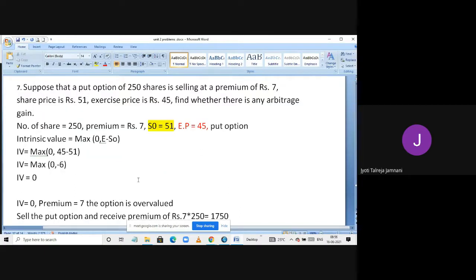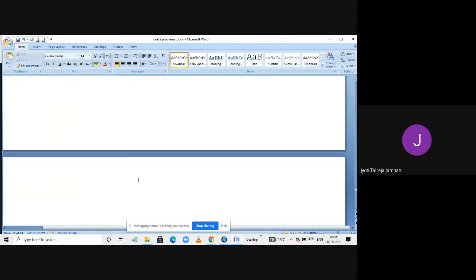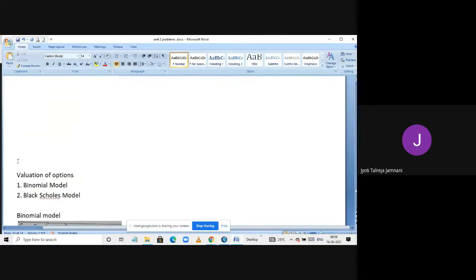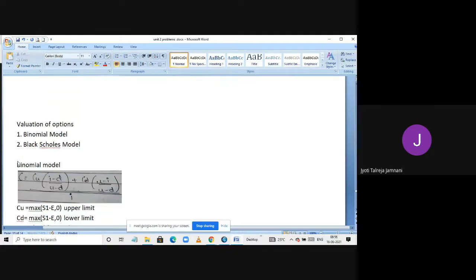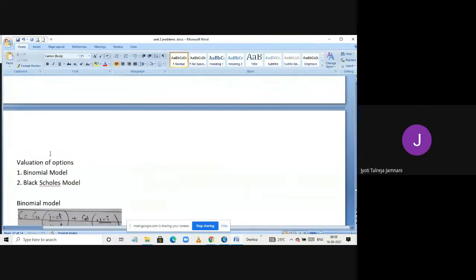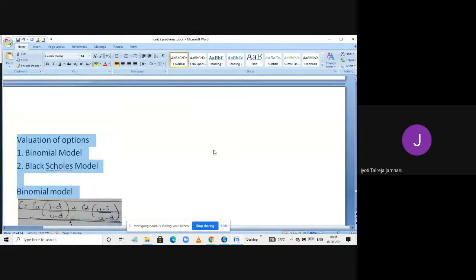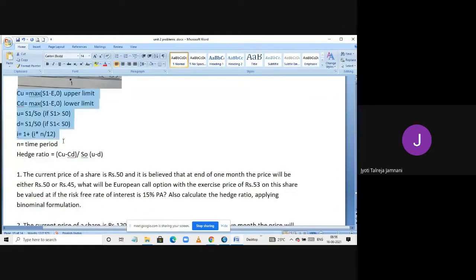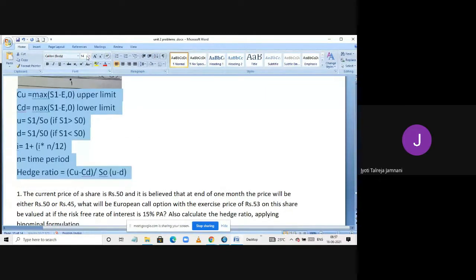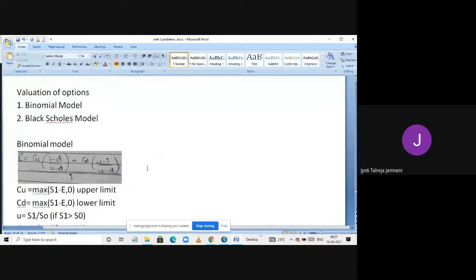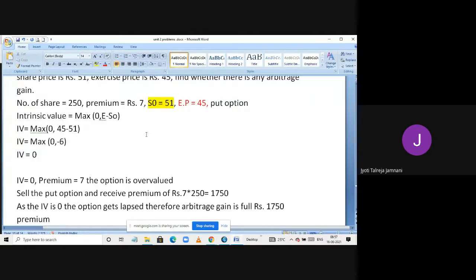Now let's go to the next part of the chapter, that is valuation of option. Okay, now what do we mean by valuation of option? In all the sums that we did, if you remember, let's go to the previous sum only.